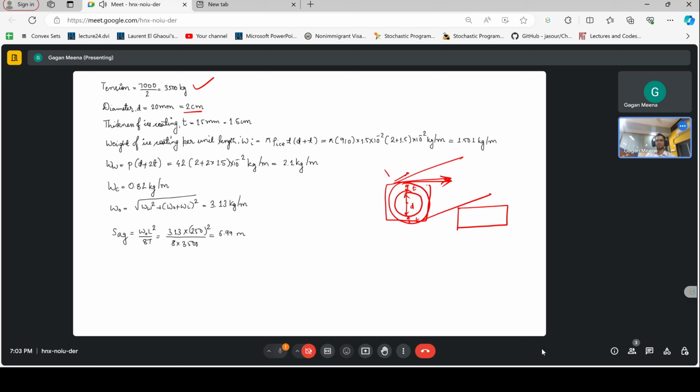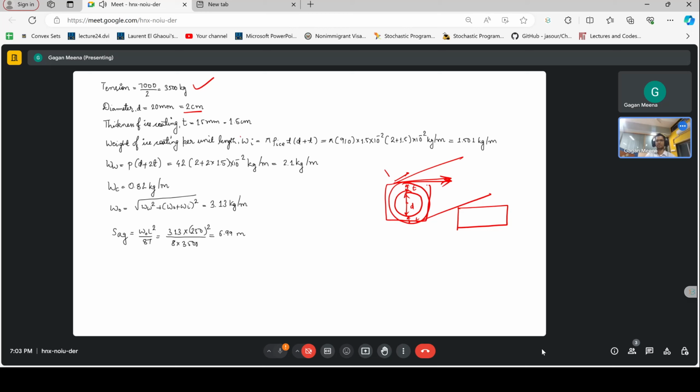So if you multiply it with this wind pressure, we will get 42 multiplied by (2 plus 2 times 1.5, that is 5) centimeters, so this is 2.1 kg per meter.